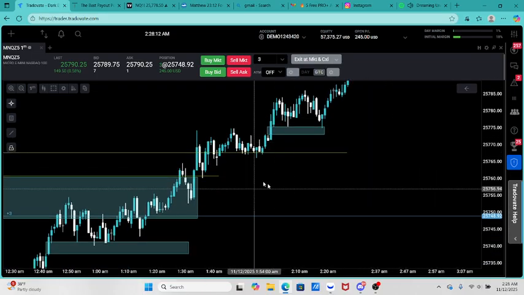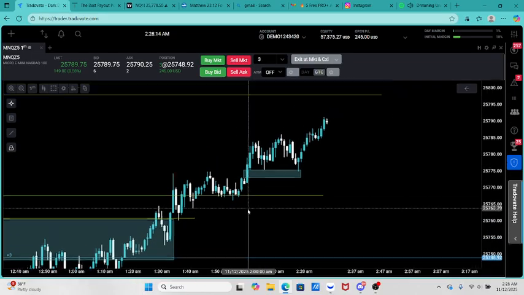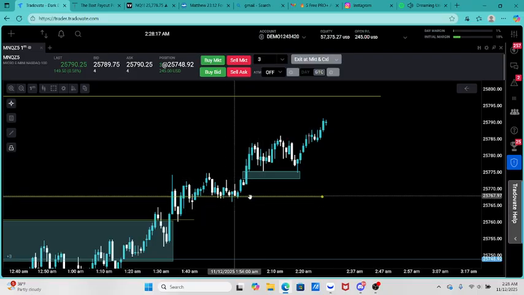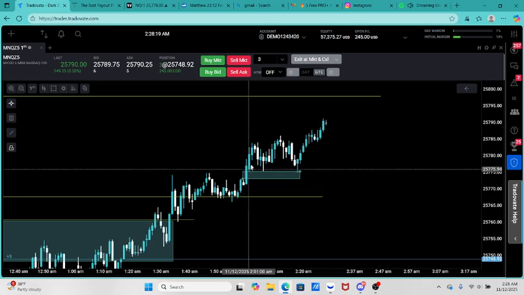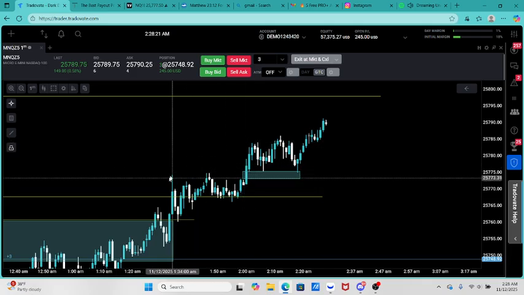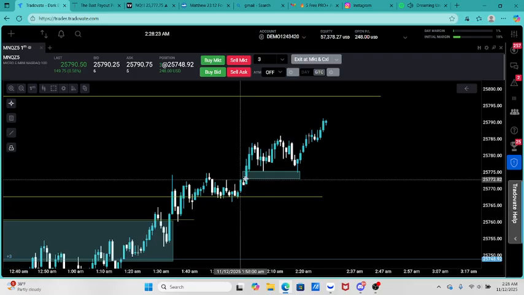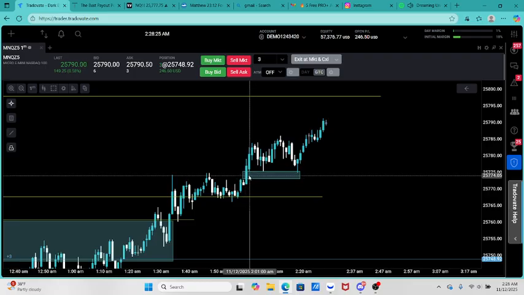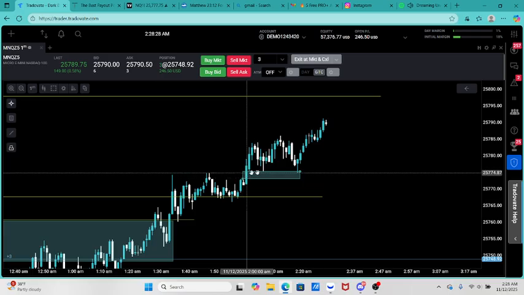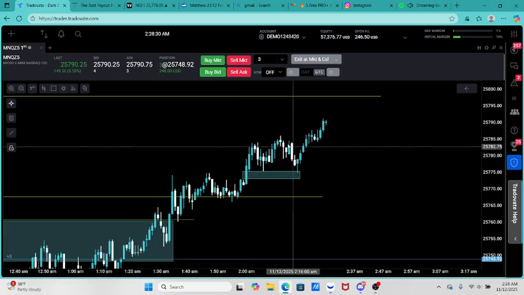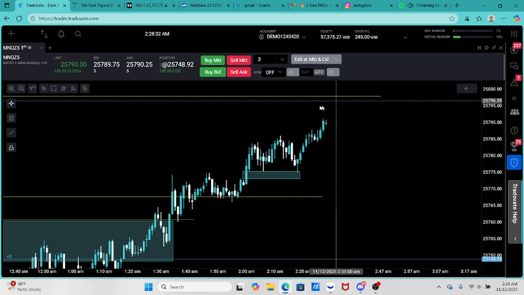And then as price moves up, you definitely want to take a look at what it's doing. After we came up and took out these previous highs, we came down, rebalanced into this fair value gap right here, took out another high, and we're still gravitating to this level.